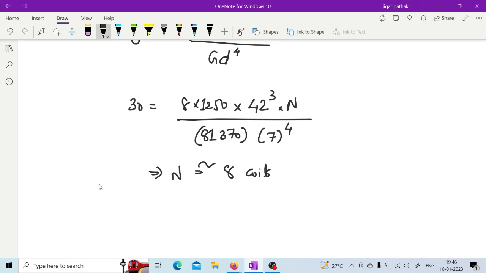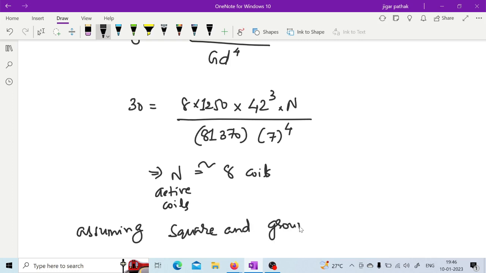Now total number of coils also they have asked. This is active coils, right? So in case of total coils, if you assume that the spring has square and ground ends, total number of coils is equal to whatever active coils plus 2, right?